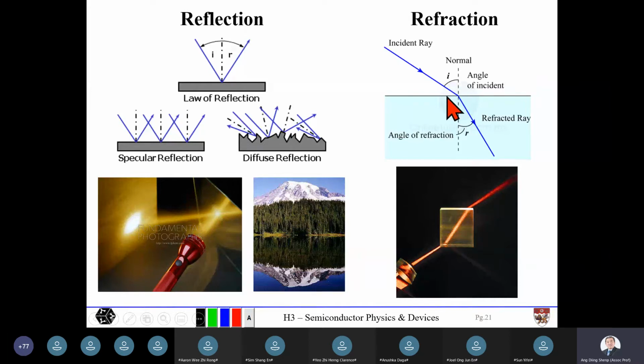So the light direction has changed, or the bending of light has happened due to refraction.